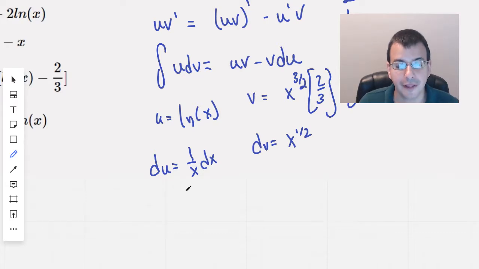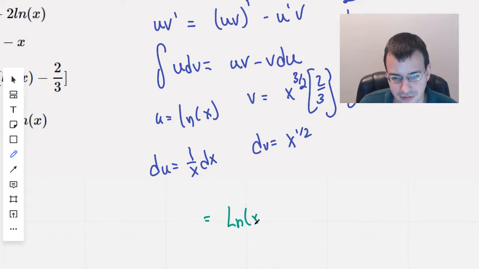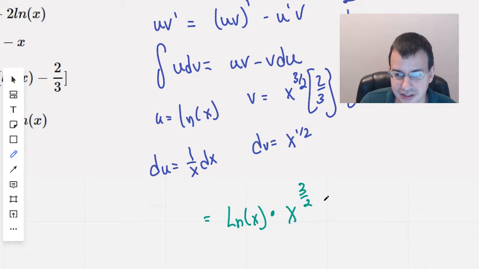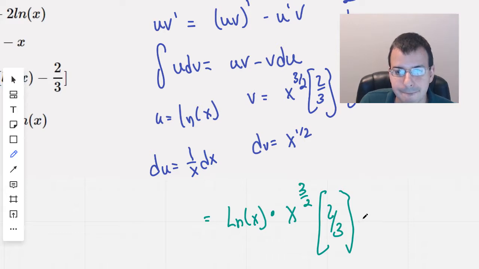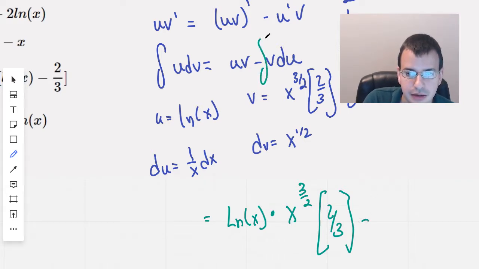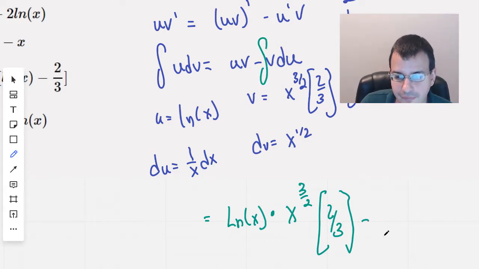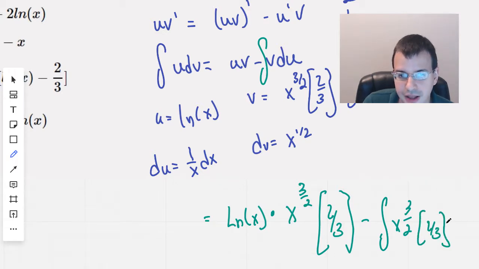We'll do green. So we have this that equals u times v. So we have natural log of x times x to the 3/2 times 2/3, minus the integral of v, which is x to the 3/2 times 2/3, times du, which is times 1 over x.